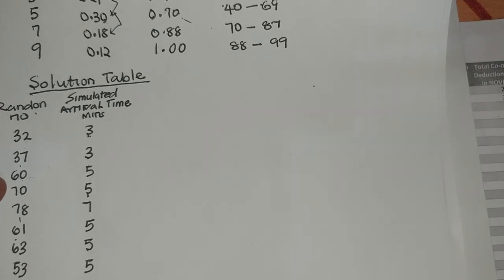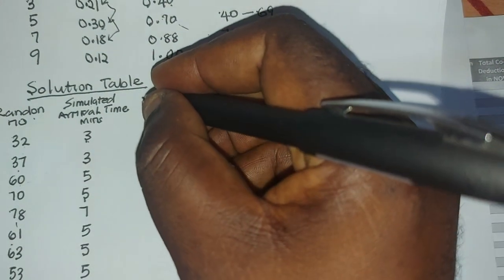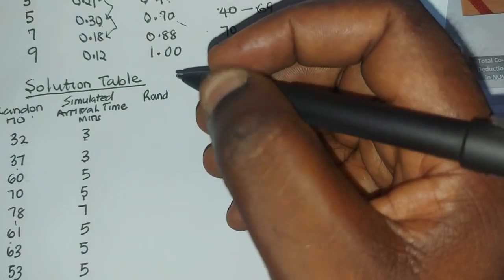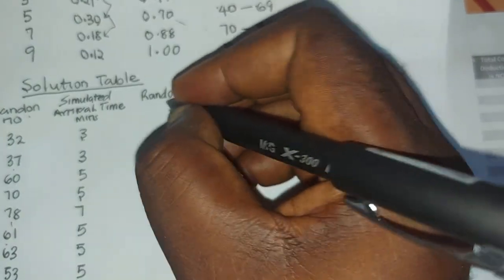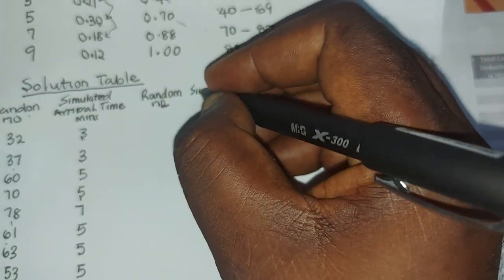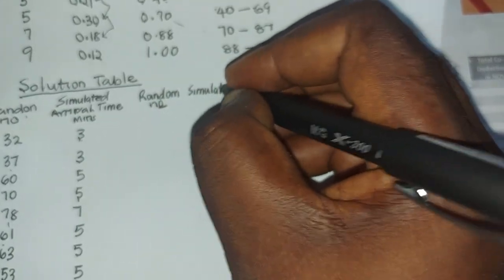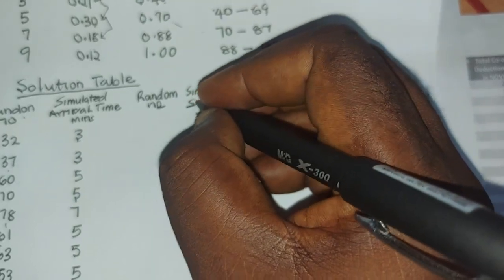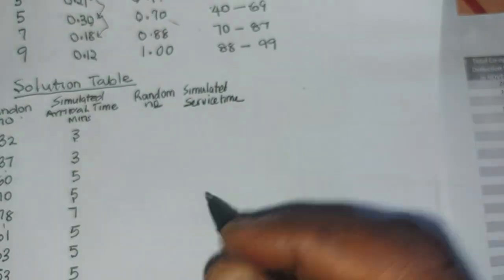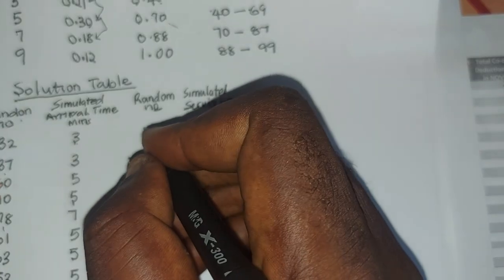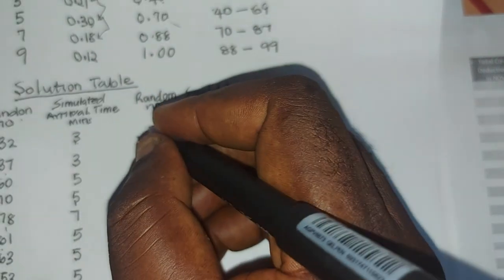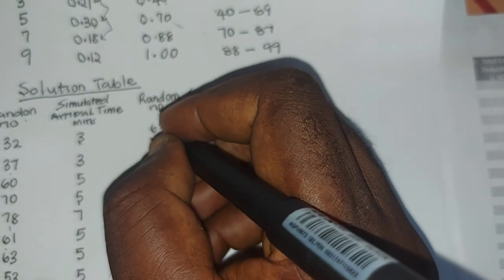Now the service time. Let us simulate for service time that has different random numbers. So we have random number, then we have simulated service time. The random numbers are 63.